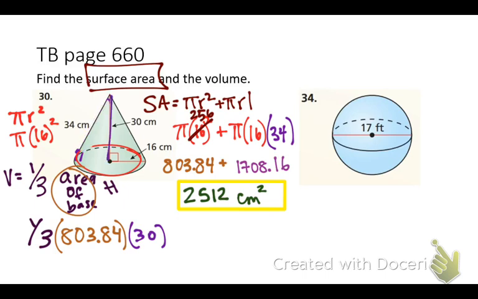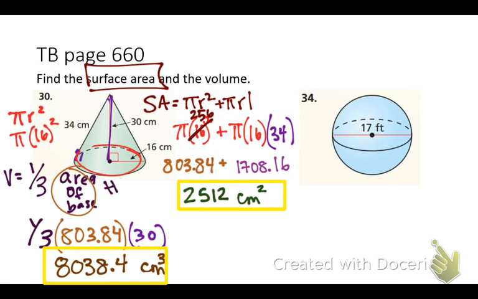What is 1/3 of 30? 10 times 803.84. You just move over the decimal. And that would be centimeters cubed. So that's our volume. So what do you notice about the volume? Compare it to the surface area.